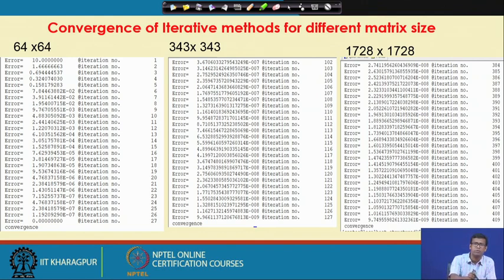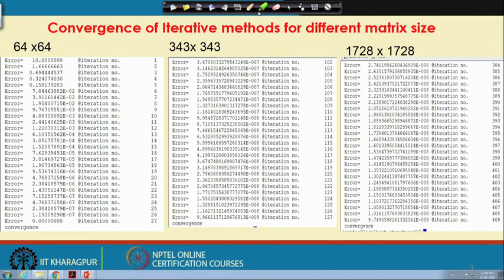So, total 4 cube, 64. The second one has total 7 cube points, and the third one has 12 cube points.